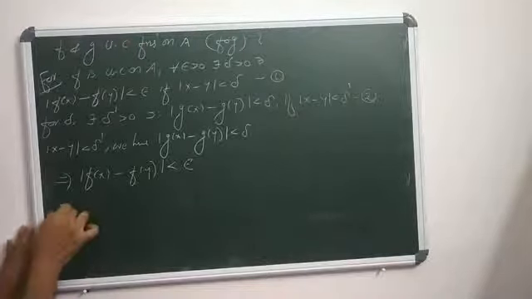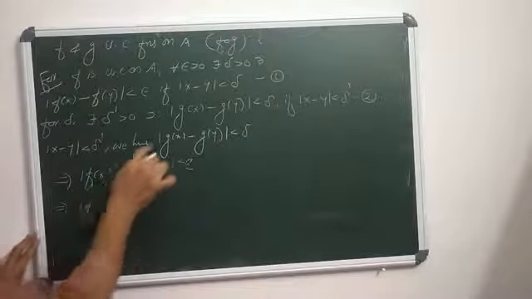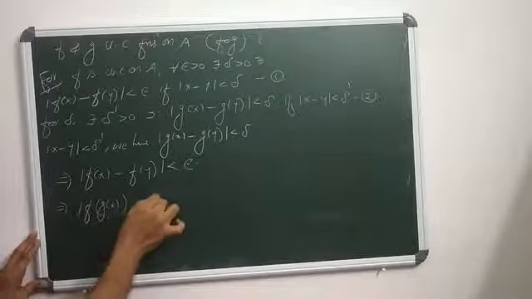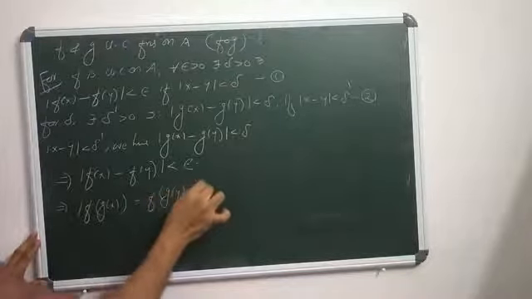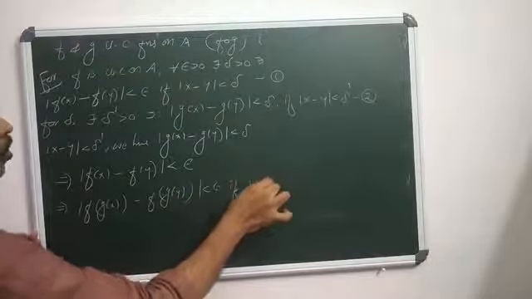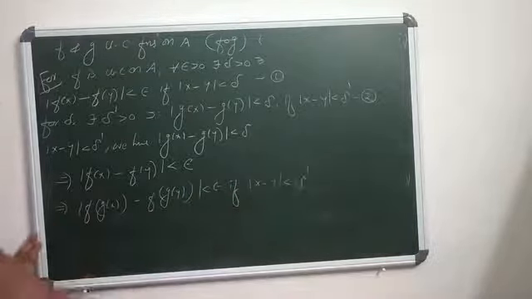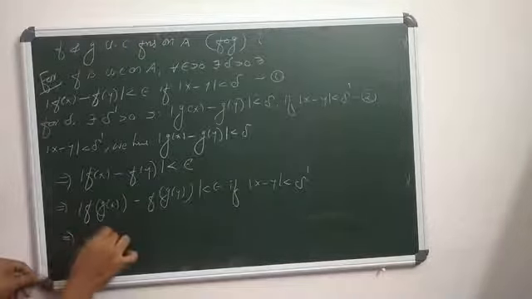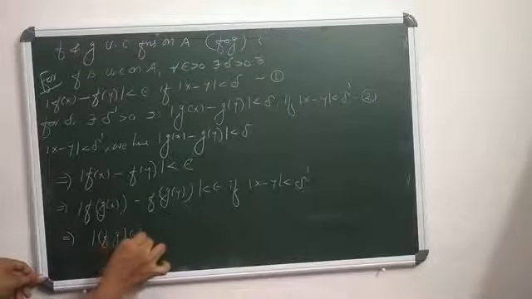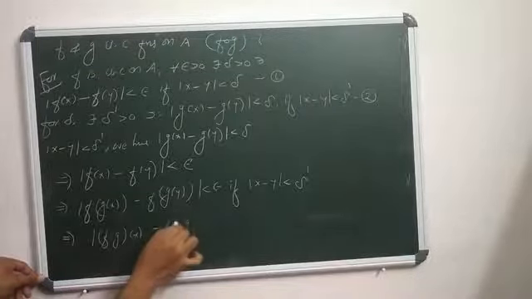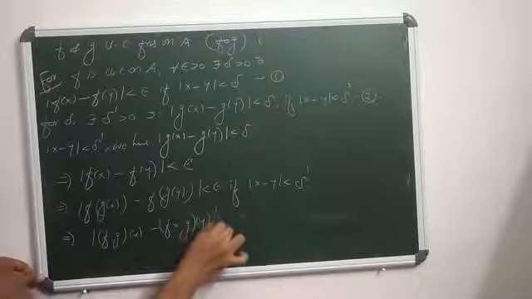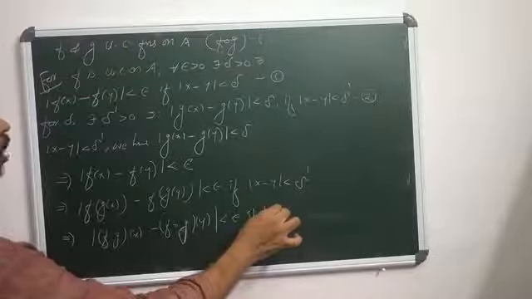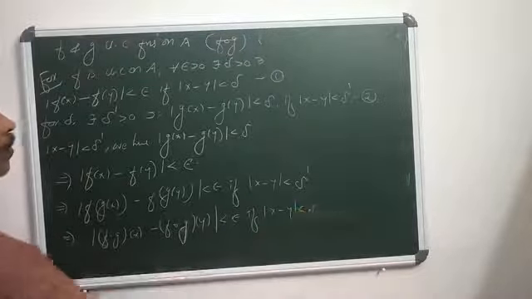Agree. So that implies, instead of x, here it is g of x: modulus of f of g of x minus f of g of y is strictly less than epsilon provided modulus of x minus y is less than delta dash. That means modulus of f composition g of x minus f composition g of y is strictly less than epsilon, provided modulus of x minus y is less than some delta dash.